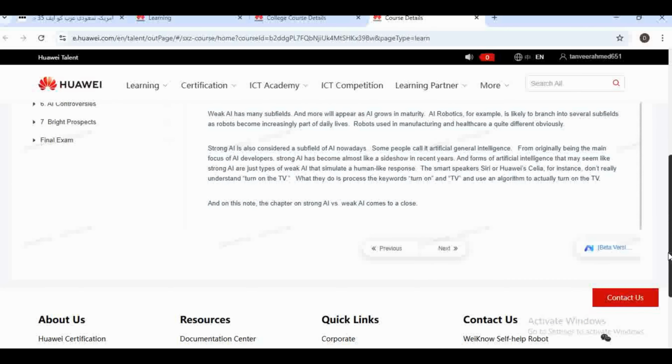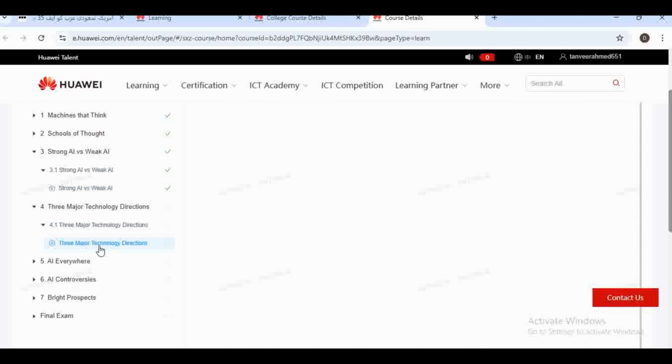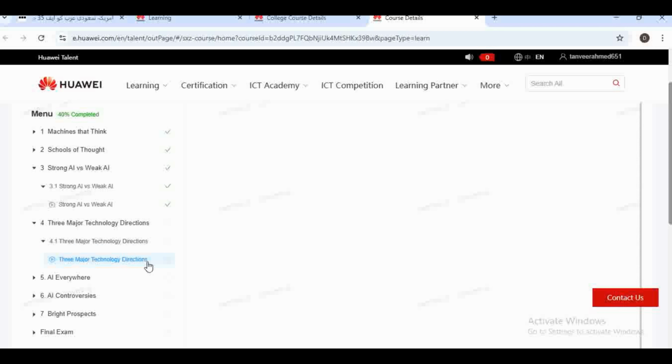Artificial intelligence, AI, is the broadest field. Machine learning, ML, is a subset of AI, focused on designing methods for computers to learn from data. Deep learning, DL, is a newer subset of machine learning, inspired by the structure of the human brain.